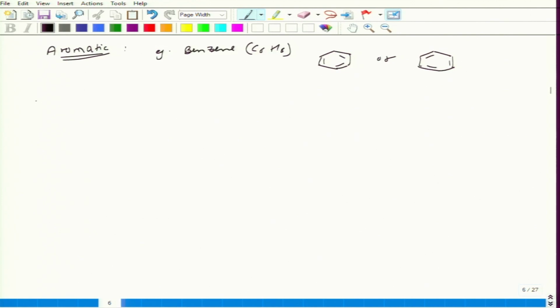Now let us go to another class of unsaturated compounds, that is alkene. Alkene we have discussed: there is a carbon carbon double bond and one hydrogen here, one here, one here and one here, and this is known as ethene.